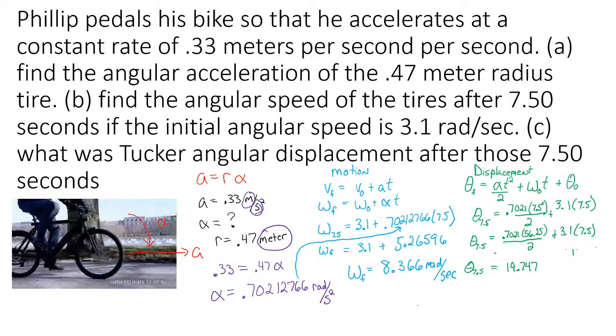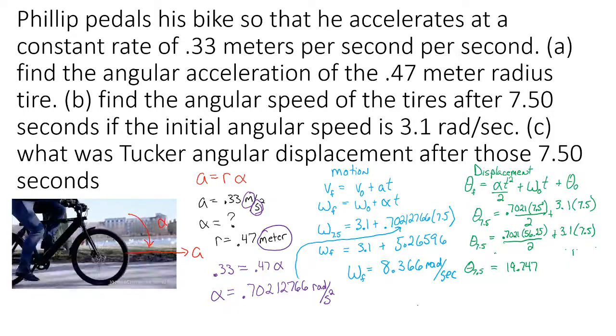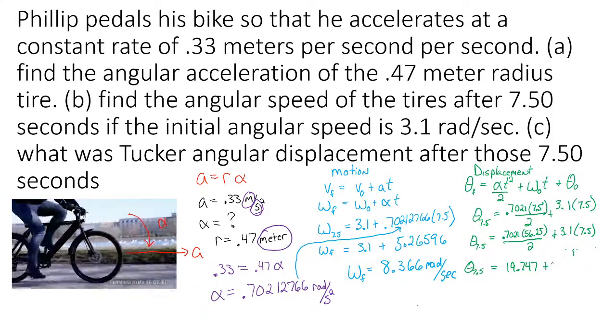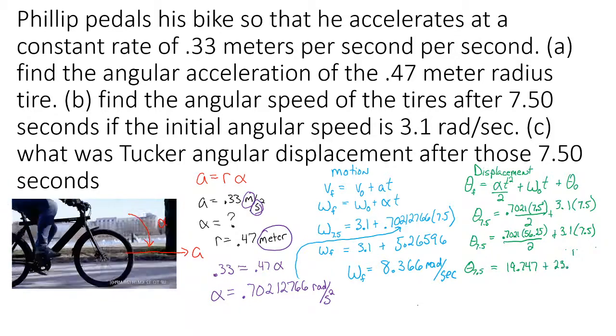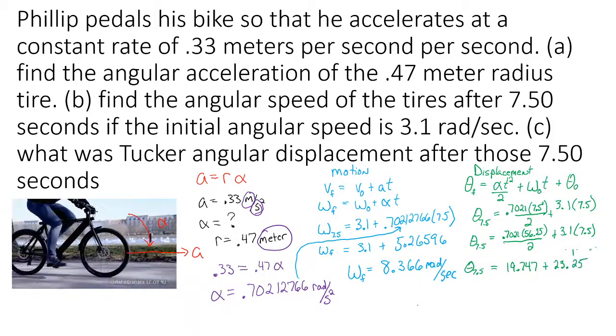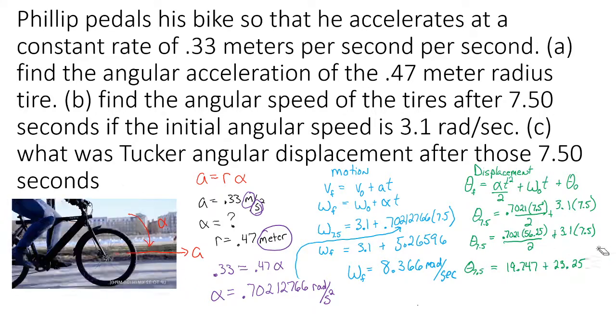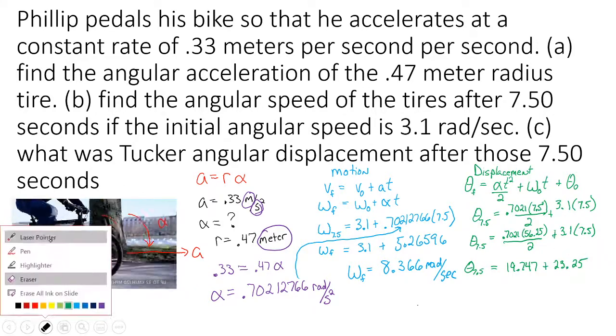I'm going to take 3.1 and multiply it by 7.5. When I do that, I get 23.25. I think that other line there is just an accidental touch of the screen.